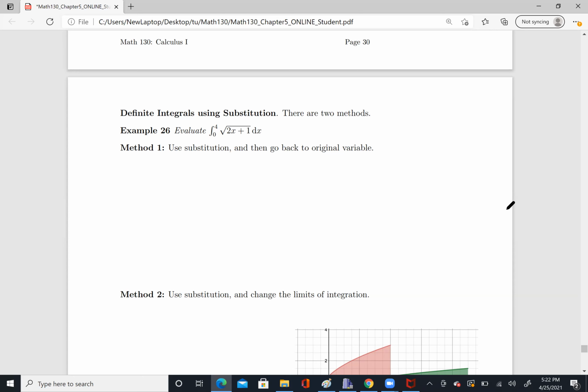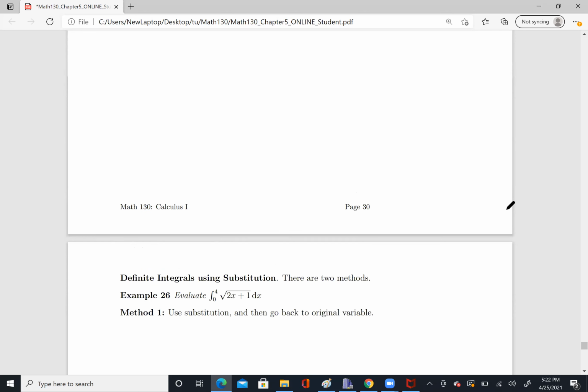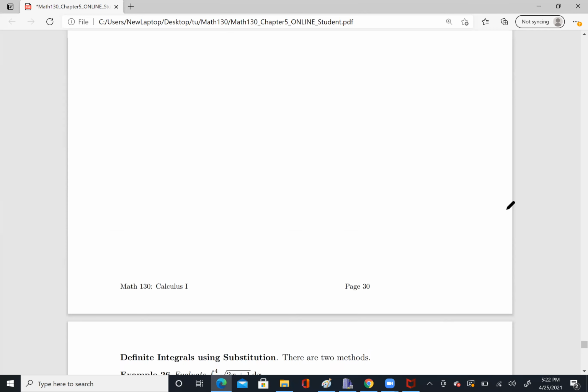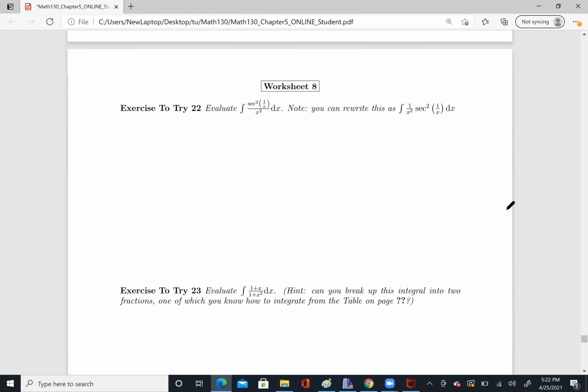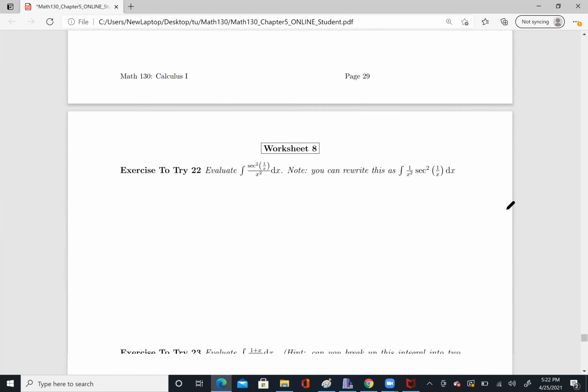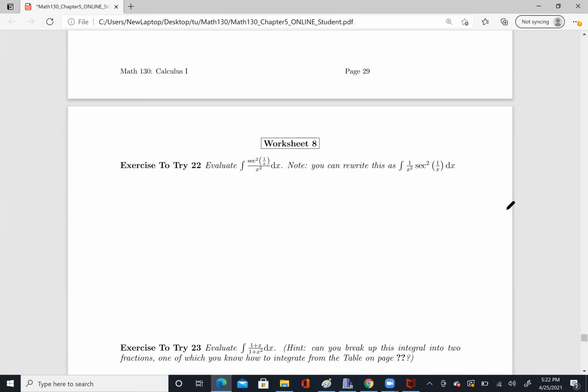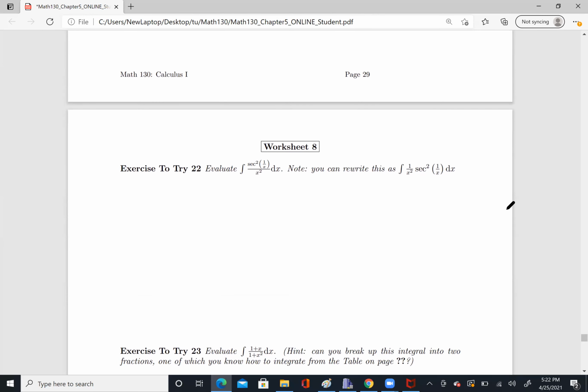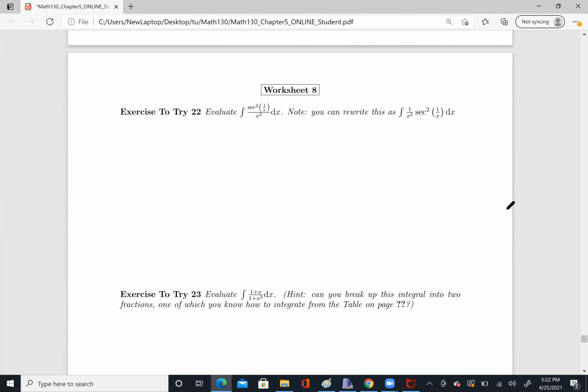You can see down here is method number 2, which is use substitution and change the limit of integration. So what does that mean? Like the previous page, we have learned to do substitution with a general integral, where we don't have the limit.